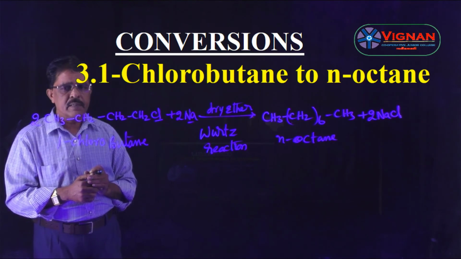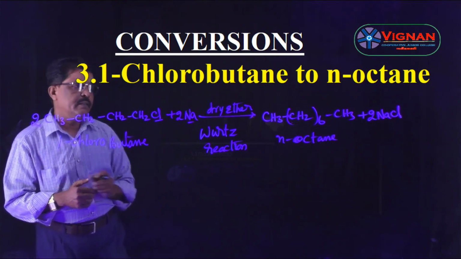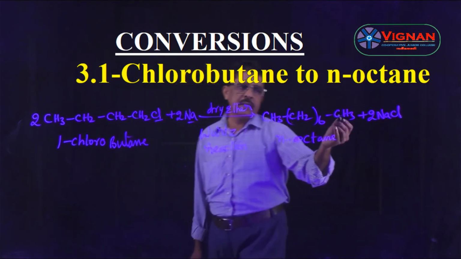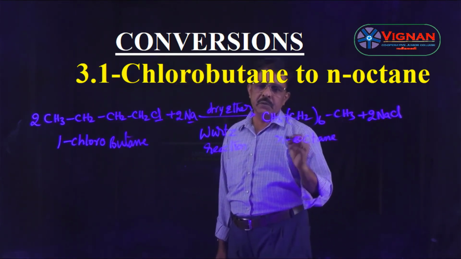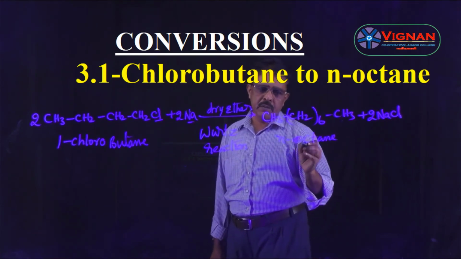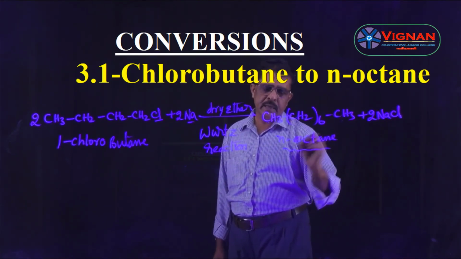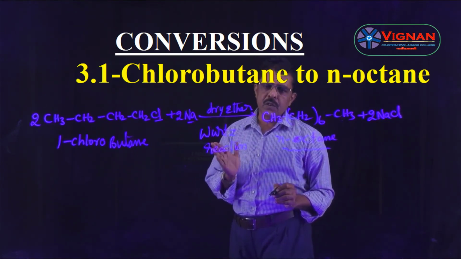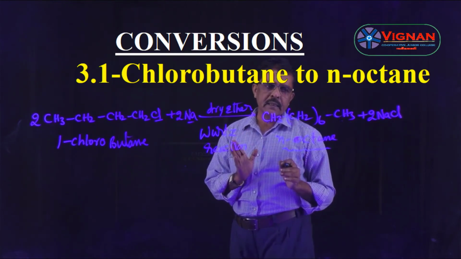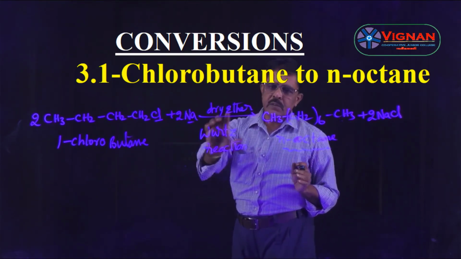No branches are present, then we can say it is said to be n-octane. n-octane means here 1 carbon, here 2 carbons, and here 6. Totally 8 carbons are there. So we can say it is named as n-octane. Right, understand? The conversion of 1-chlorobutane to n-octane by Wurtz reaction.